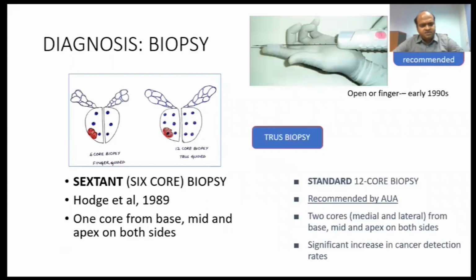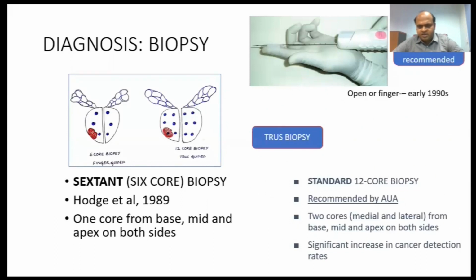In the past, 6-core biopsy was commonly done, which includes 1 core from base, mid-zone, and apex in both lobes.